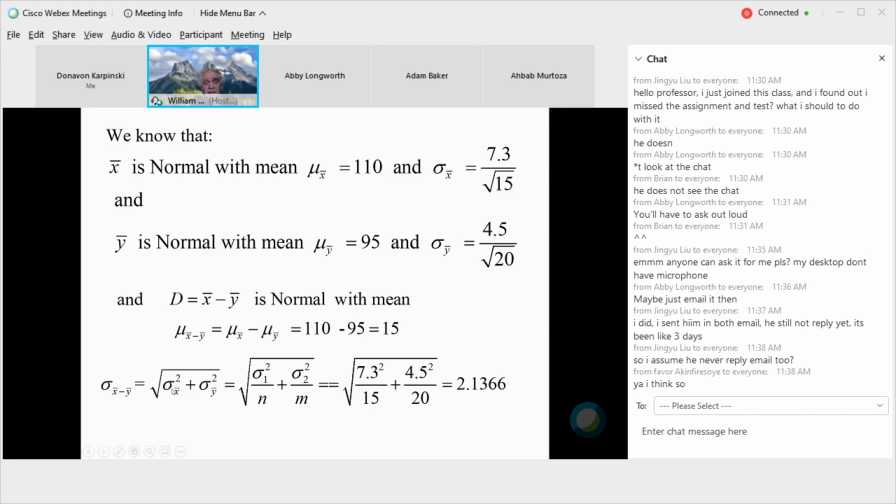It is the square root of sigma X bar squared plus sigma Y bar squared, which is sigma 1 squared over N plus sigma 2 squared over M. 7.3 squared over 15 plus 4.5 squared over 20 works out to be this value here, 2.1 something.